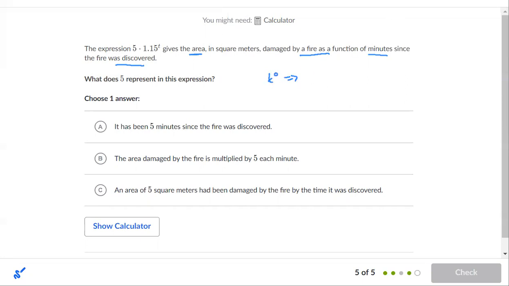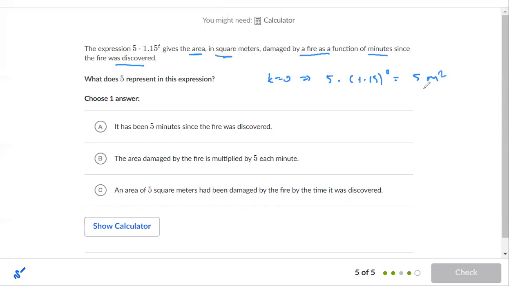Actually, let me do this differently. When t is 0, which is the time at 0, this expression is going to be 5 times 1.15 to the 0 power, which is 5. So that means there are 5 square meters.